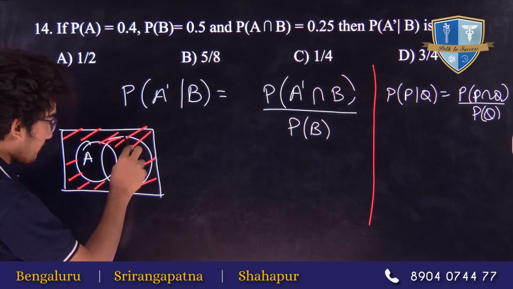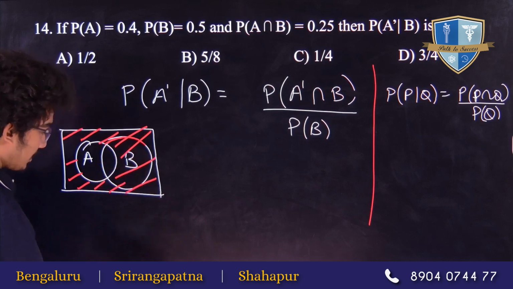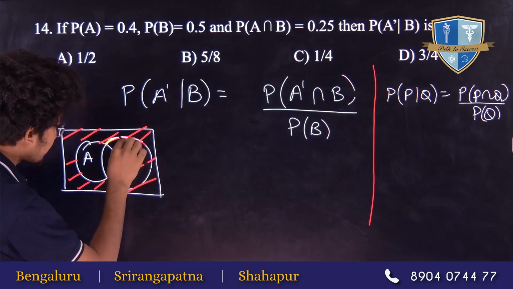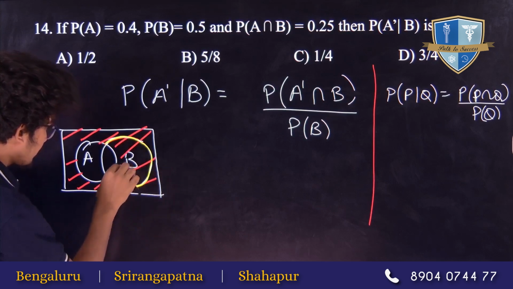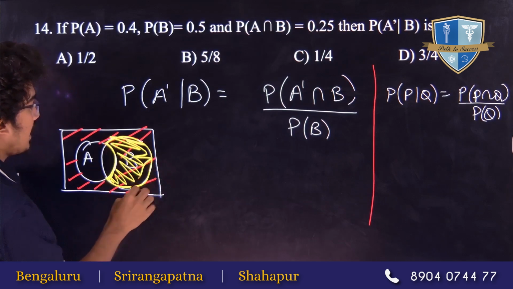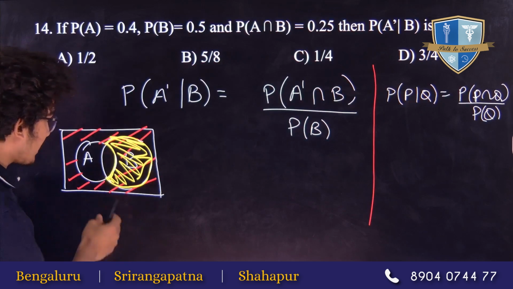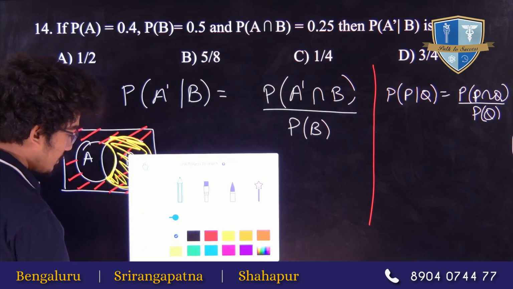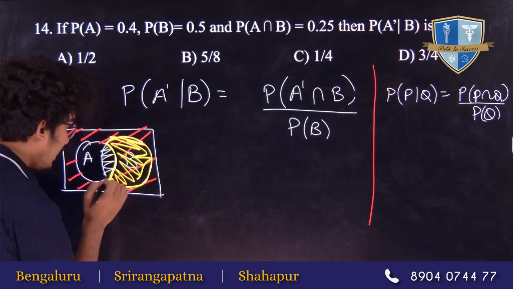Let me show with a different color. If you see this part, it is common between A dash and B, correct? So this part is actually B minus the common part between A and B.